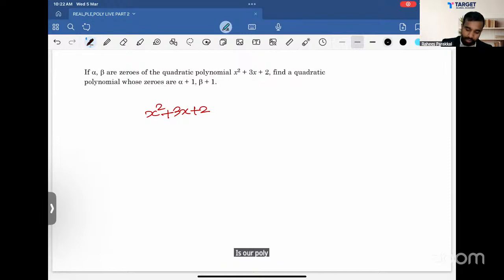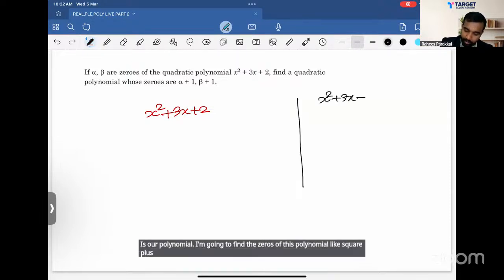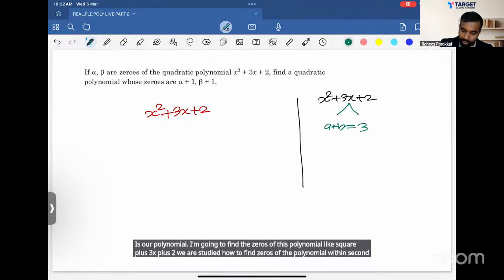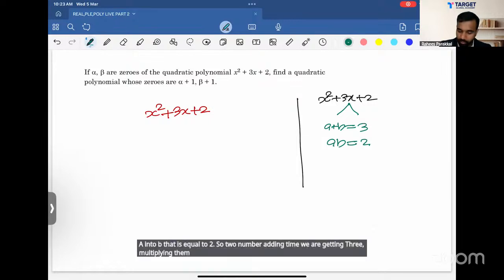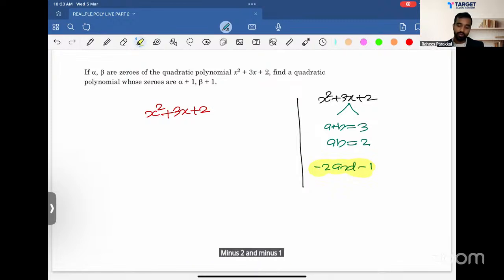I'm going to find the zeros of this polynomial. We studied how to find zeros of a polynomial. a plus b equals 3, a into b equals 2. Two numbers, adding we get 3, multiplying we get 2. So the numbers are minus 2 and minus 1. These are the zeros of the polynomial.